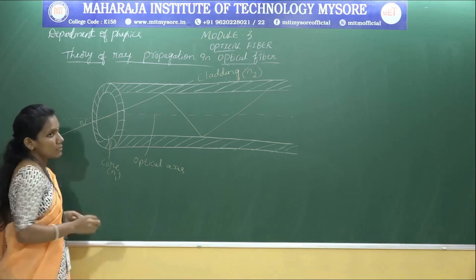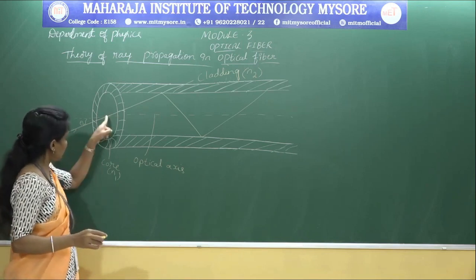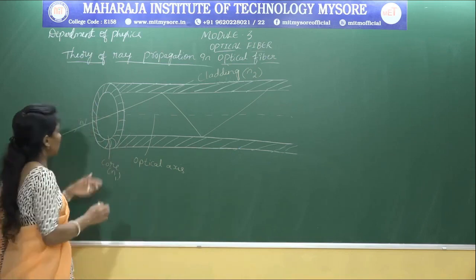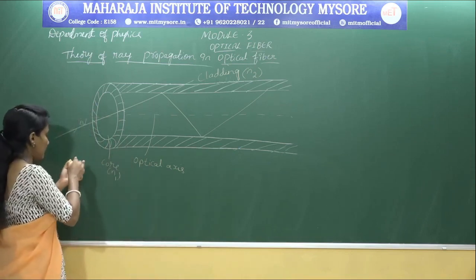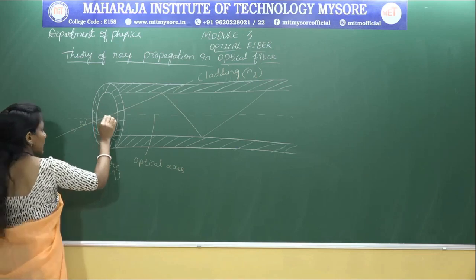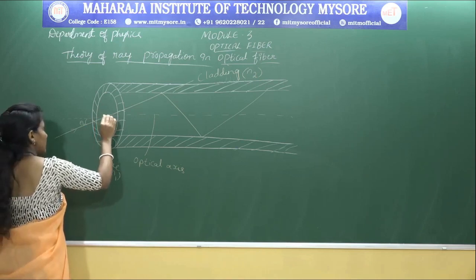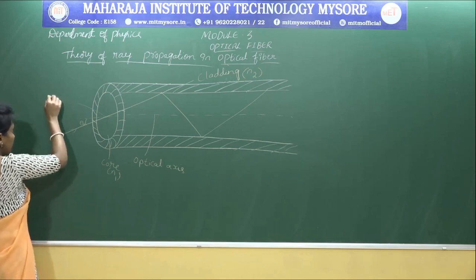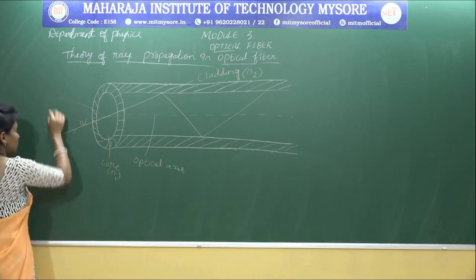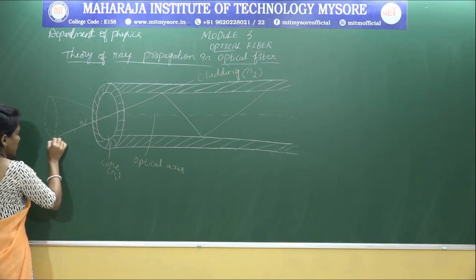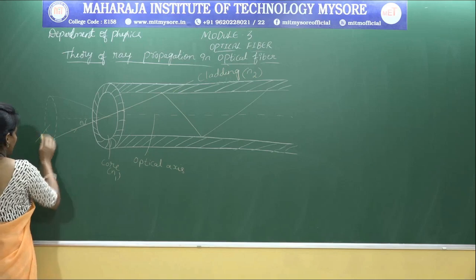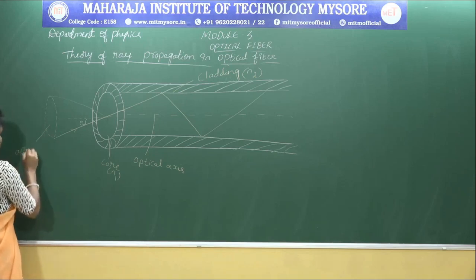When the ray of light enters, some of the light ray will reflect back, and that forms an acceptance cone.